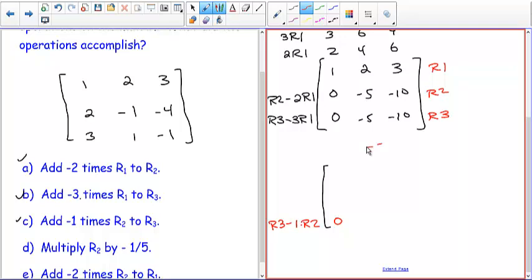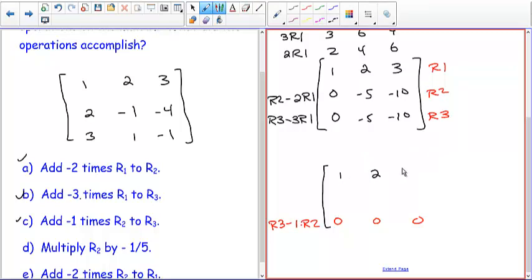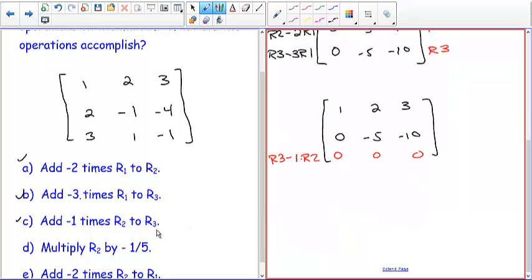Well, negative 5 minus a negative 5 is 0, and likewise negative 10 minus a negative 10 is 0. So I get 0, 0 for that particular operation. The other rows didn't change at all. Okay, so that's that one.